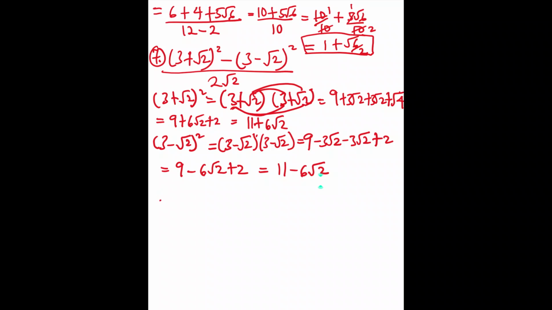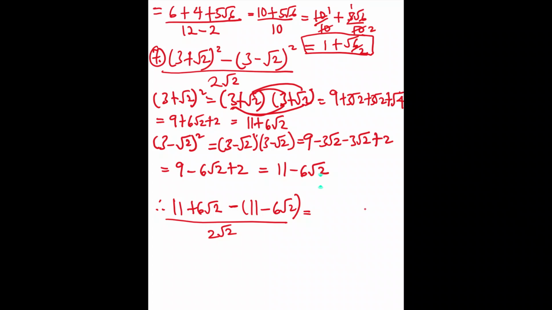Okay, so now let's gather everything together, the ones we have opened up already. So 3 plus root 2 squared, when we expanded it, we got 11 plus 6 root 2, right? And then for 3 minus root 2 squared, we got minus 11 minus 6 root 2, okay? All over 2 root 2.